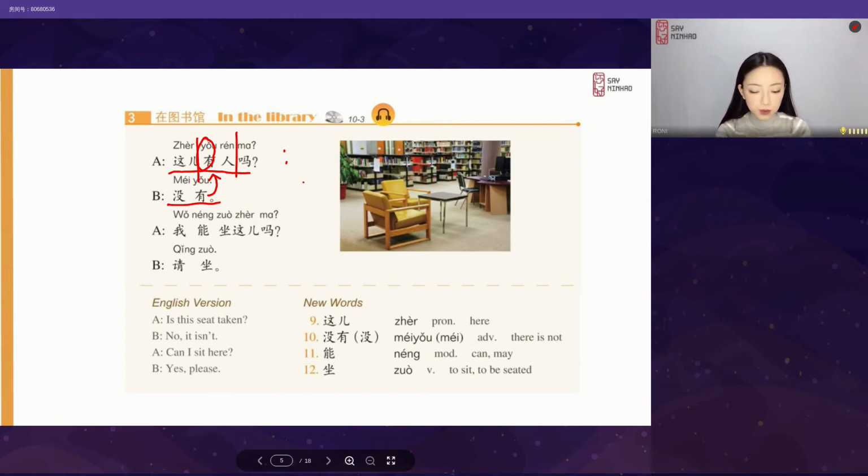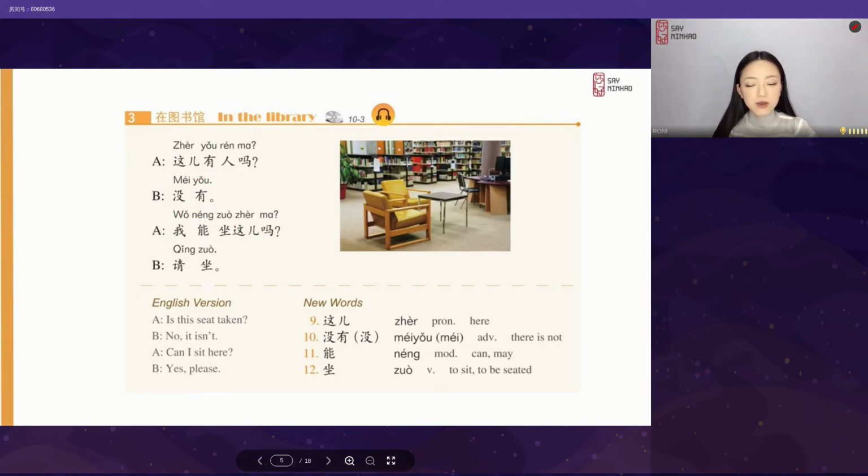Next sentence, 我能坐这儿吗？Can I sit here? So 能 plus a verb means can do something. In 我能坐这儿吗？the subject 我 is always at the beginning. Last sentence is 请坐, please sit.